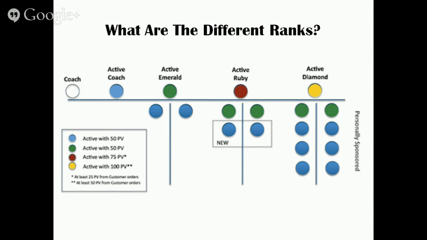The next one is active coach. Active coach is once you have purchased or sold 50 PV. If you purchased a challenge pack, that automatically makes you an active coach on Thursday, which is our first day of the week.